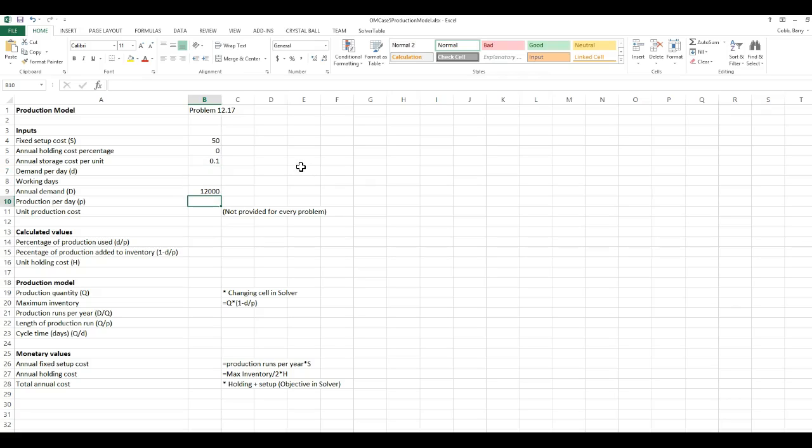They have a demand of 12,000 units per year, and their facility operates for 300 days per year. This means that their demand per day is 12,000 divided by 300.